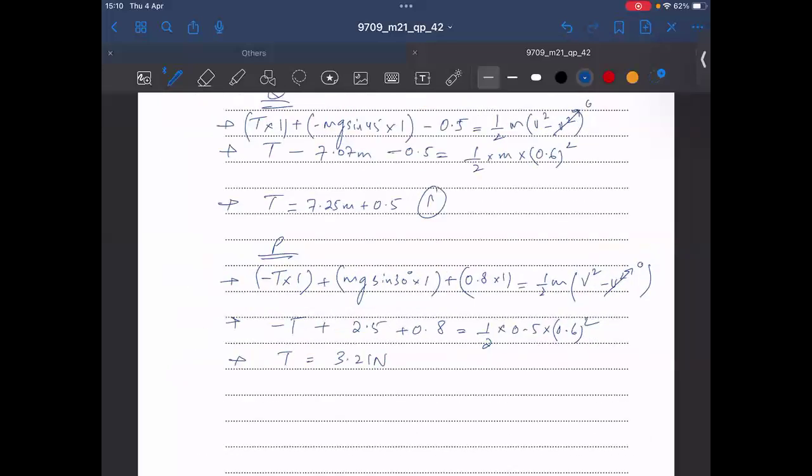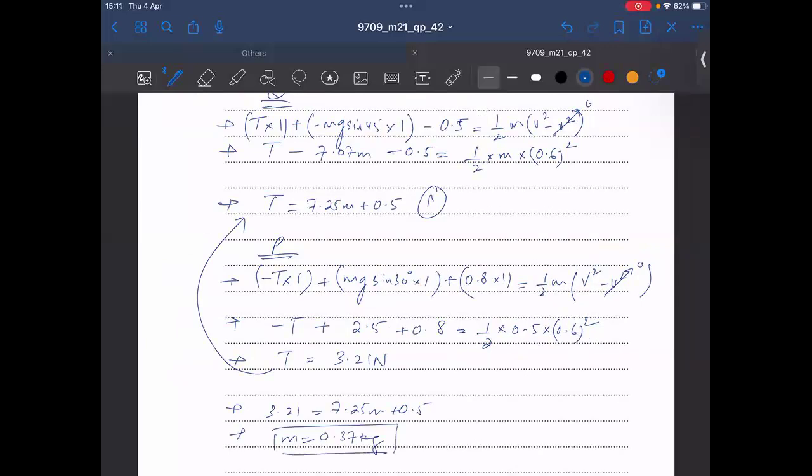All right, we're going to substitute T over here, and I'm going to get 3.21 equals 7.25 M plus 0.5. So minus 0.5, divided by 7.25, is going to be 0.37. M is coming out to be 0.37 kilograms.